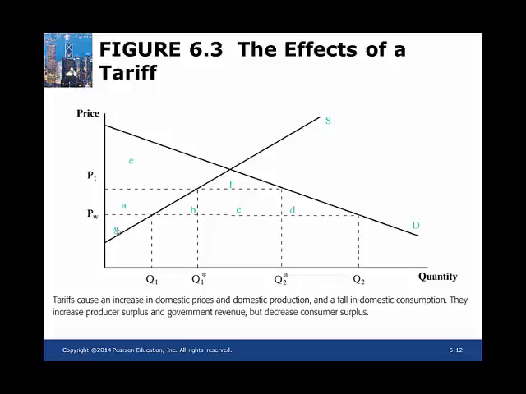Now, the government imposes a tax. And with the tax, the price of this imported good increases from PW to PT. At price PT, with the increase in the price, you can see consumer surplus decreases and becomes E plus F. And with the tariffs, producer surplus increases and becomes A plus G. C is the tax revenue from the tariff that will go to the government.